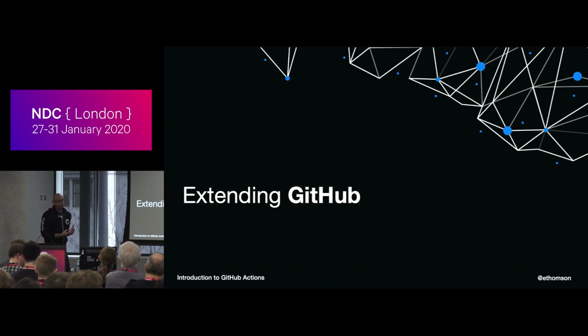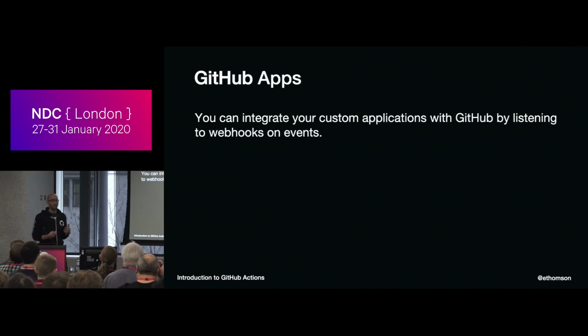And I think that's great. I think that we need to let you do that. And so one of the things that we've been doing over the last couple of years is trying to find ways to serve you in that regard. So the first thing that we did was we created these things called GitHub Apps. The idea of a GitHub app is that it is a sort of well-defined little bit of code that you can take and extend, right?